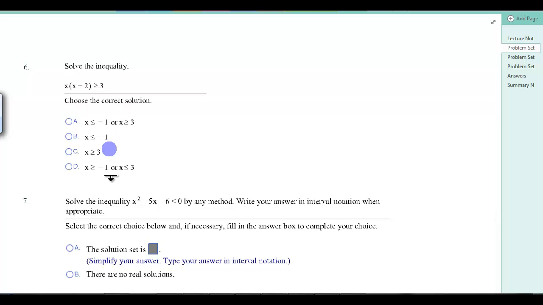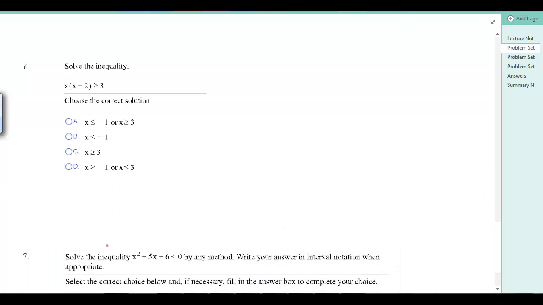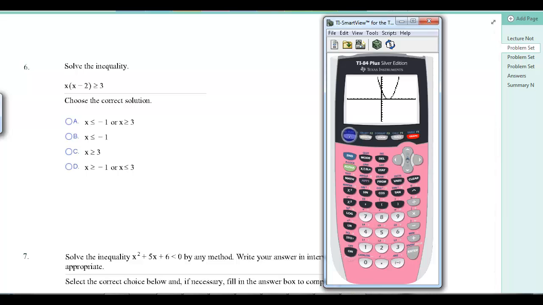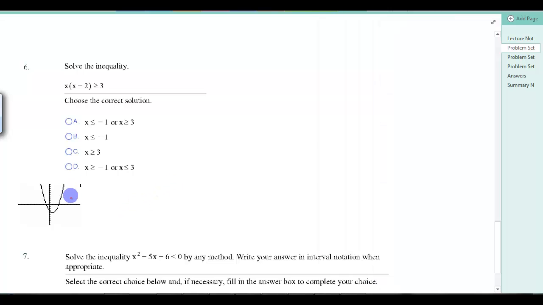Number 6, same idea. I'm going to put that one in. Clear that one out, and we're going to have x parentheses, x minus 2, close, minus 3. Graph. Okay, and we're going to find those, and I think we've gone over that quite a bit.